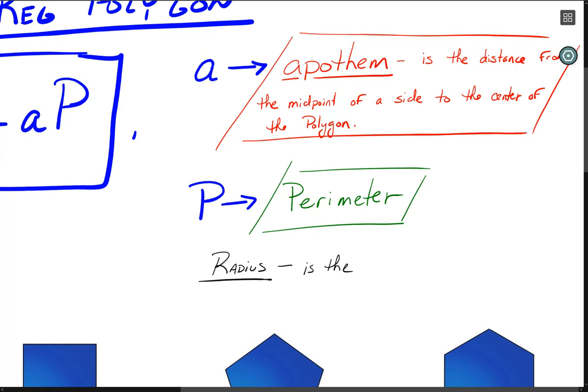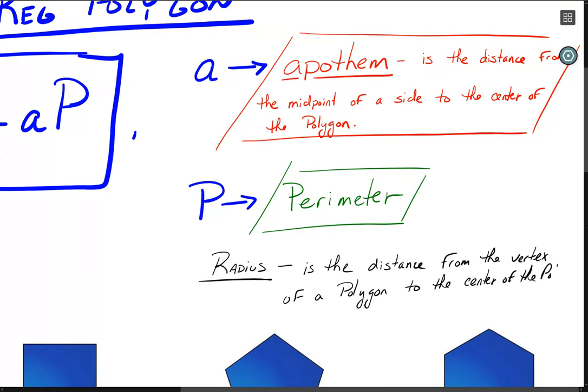It is the distance, and you're right, from the vertex of a polygon to the center of the polygon.